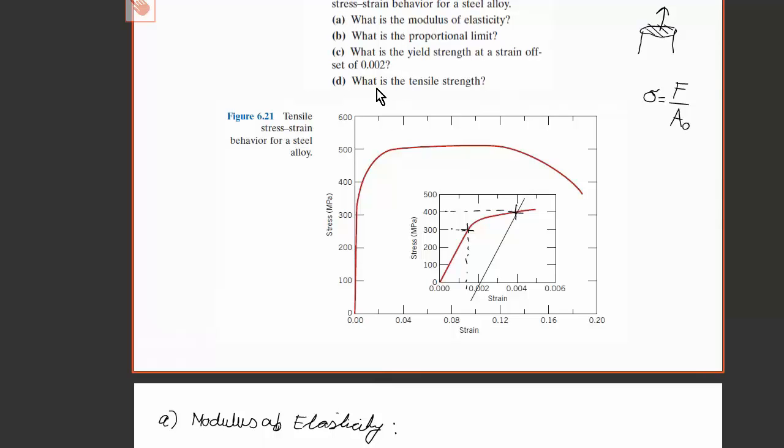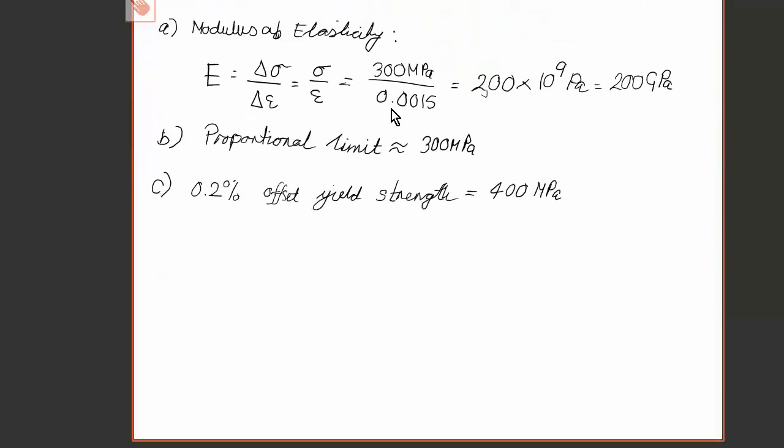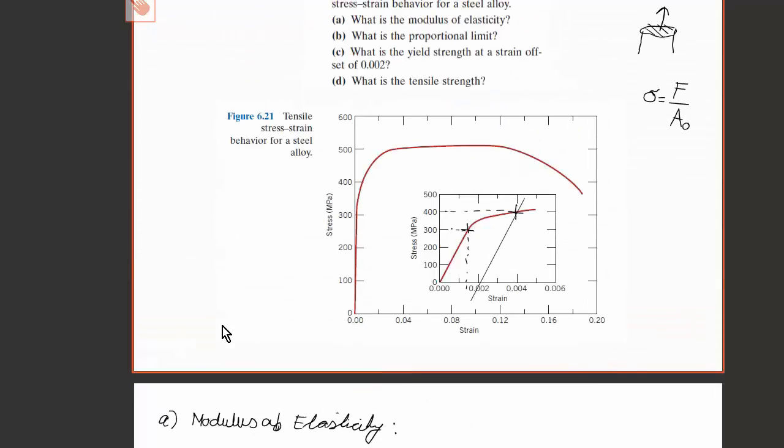It's now asking, what is the tensile strength? The definition of tensile strength is the maximum stress on the engineering stress strain curve, and we can see that occurs somewhere around here.